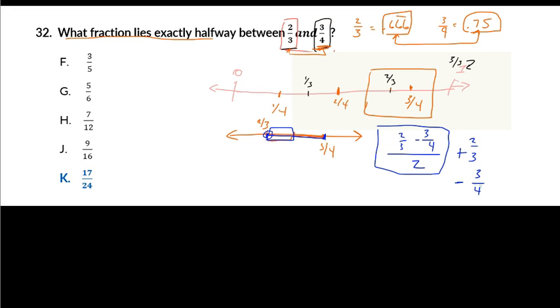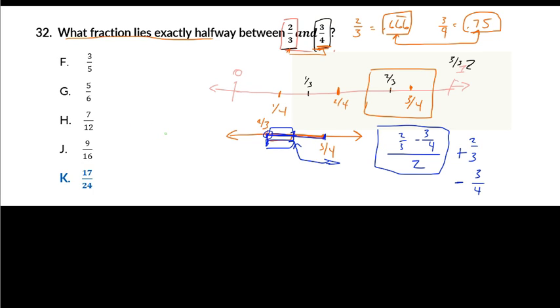Now it's kind of involved, but that would work. Figure out what half the distance amount is, add it to this number, and it would take you there. Start at the 3/4, subtract the halfway, and it would take you to the midpoint. That's a viable way to do it.